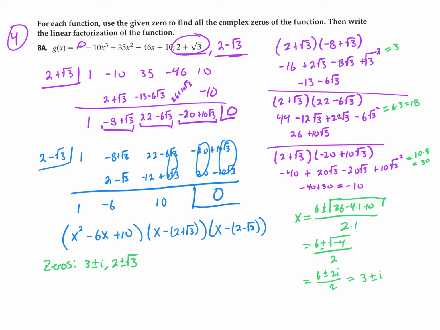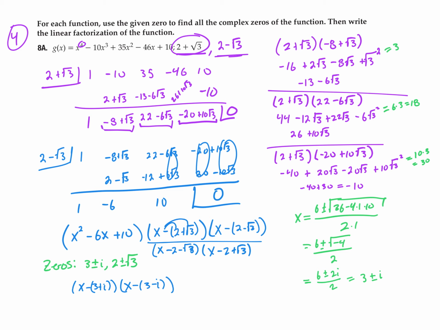Written in factored form, it's going to be like this: x minus 3 plus i, x minus 3 minus i, and then those two, which I can simplify down to be x minus 2 minus the square root of 3, if I distribute that in, and x minus 2 plus the square root of 3.